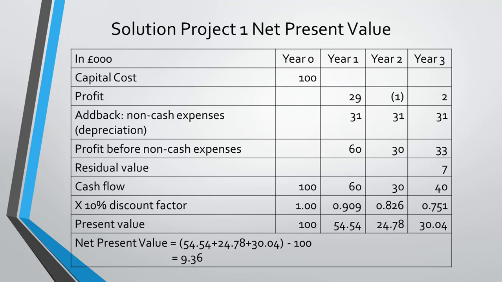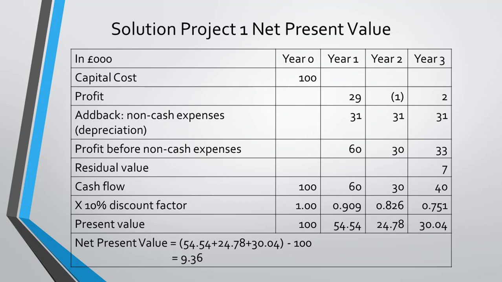In year 1, you can see there 29,000 add 31,000, 60,000. Year 2, a 1,000 loss, 31,000 non-cash expense, we have 30, and year 3, 33. Now you can see that the residual value is 7.